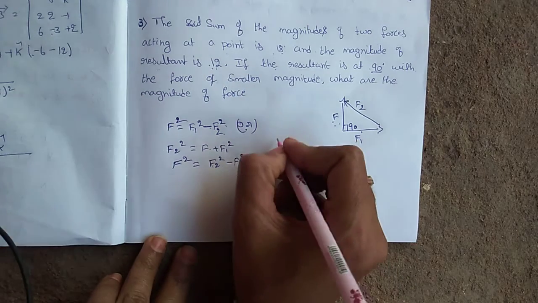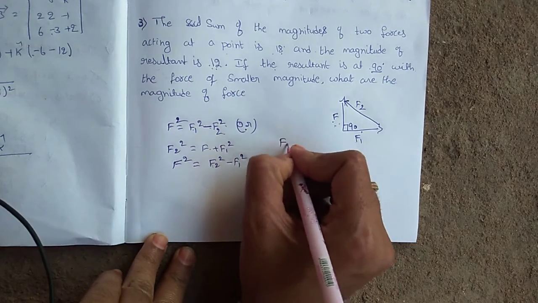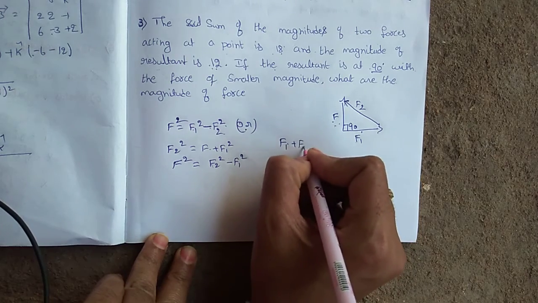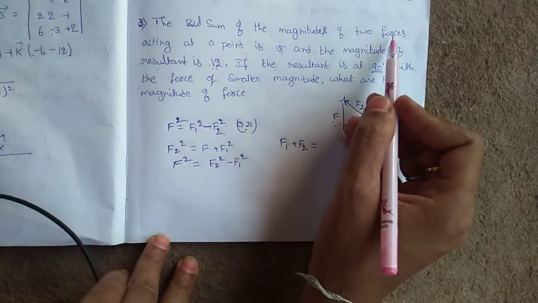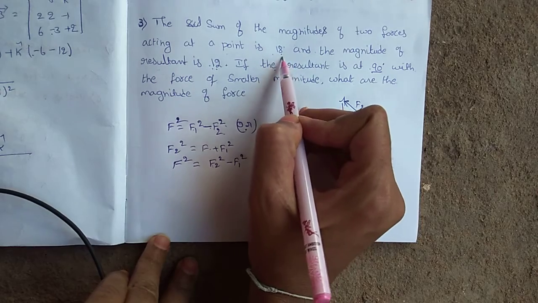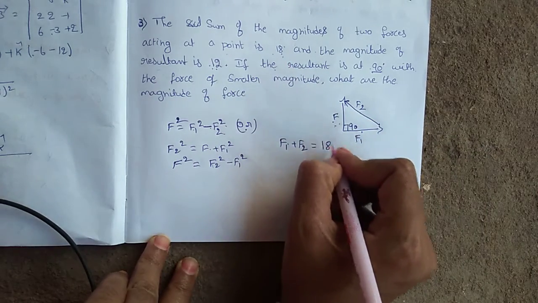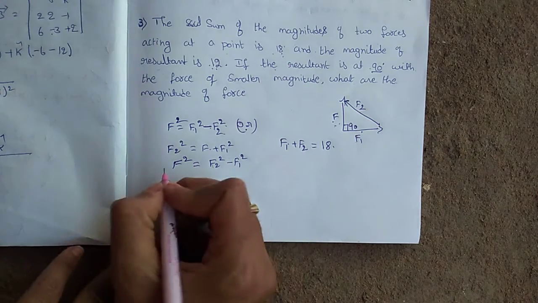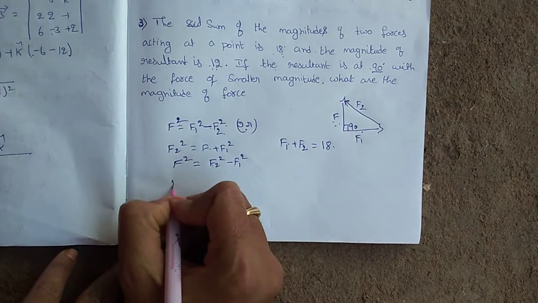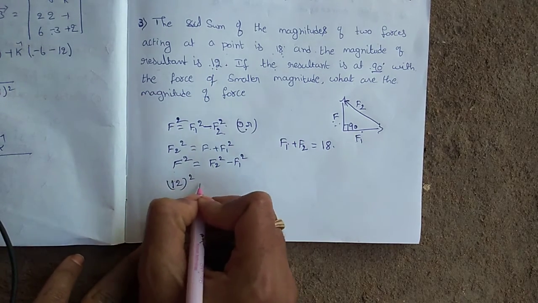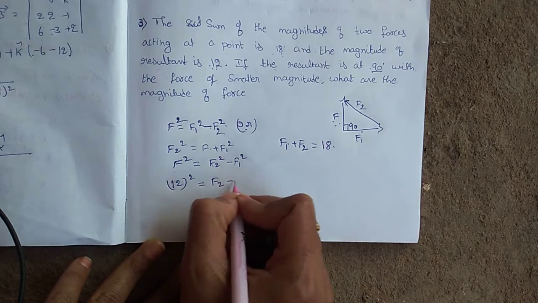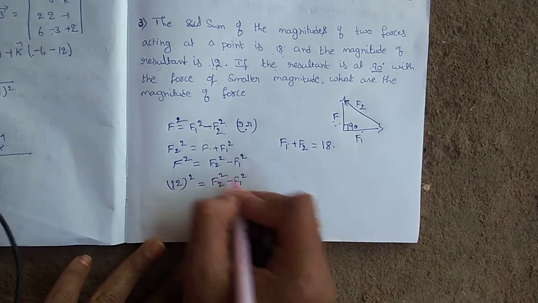And in the question it is also given that the sum of the two forces, that is F1 plus F2, is equal to the sum of the two forces acting on a point, 18 Newton. The resultant is given as 12, that is 12 square is equal to F2 square minus F1 square.